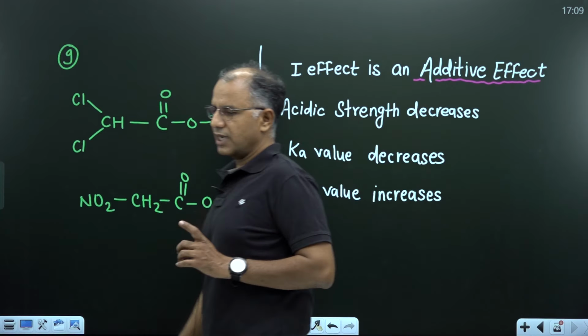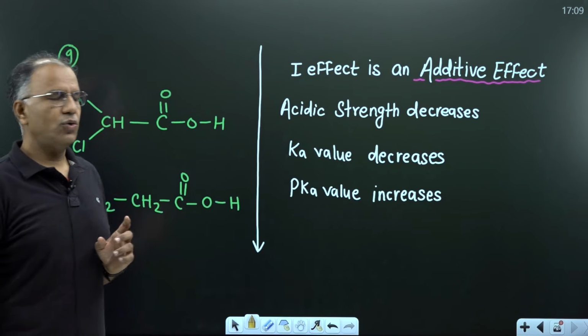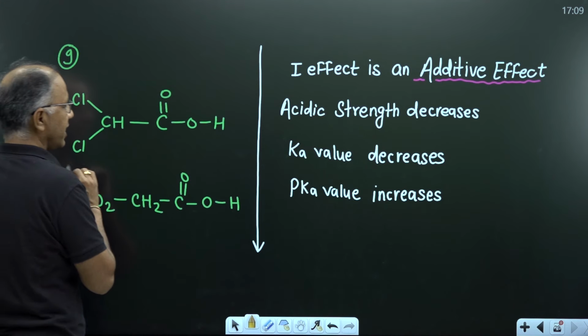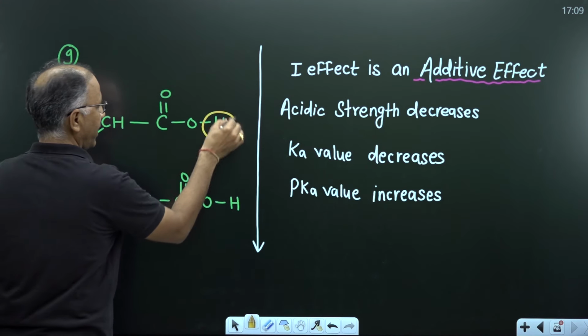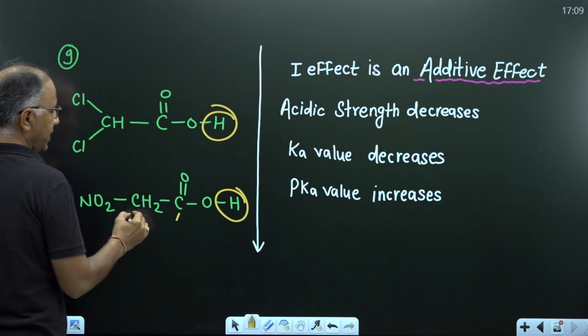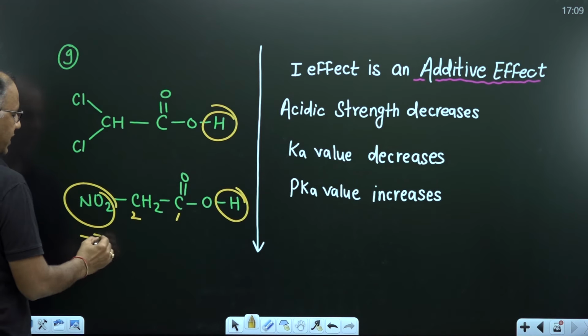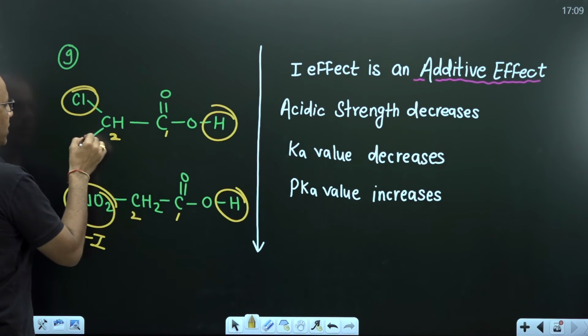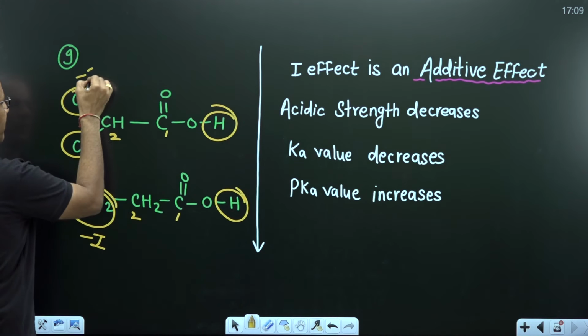I think I explained in the last lecture that two weak minus I dominate one strong minus I if they are at the same distance. Now we have to compare the acidic strength of this H. Minus I effect operates from second carbon. In this example again minus I operates from second carbon and there are two minus I effects.